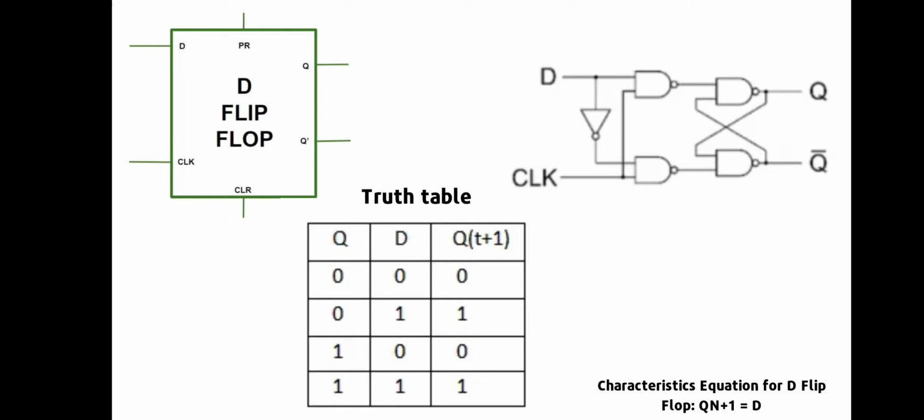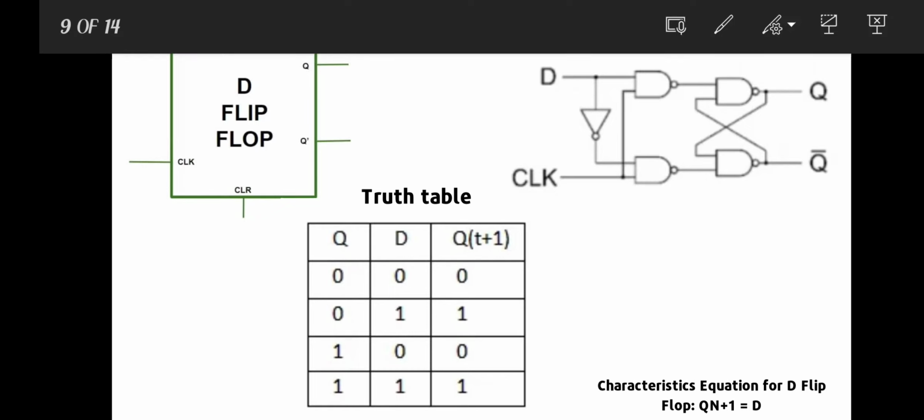So this characteristic equation is basically the representation of the next state of the flip-flop in terms of the present state as well as the current input. So basically it shows the behavior of the flip-flop in algebraic form.